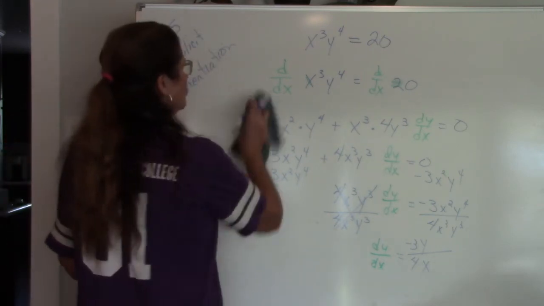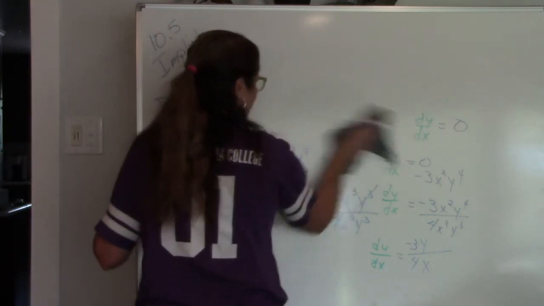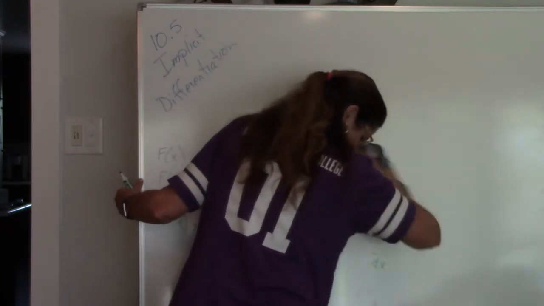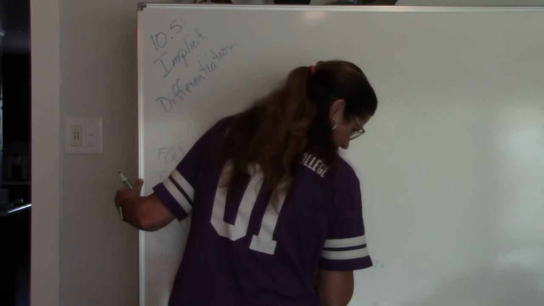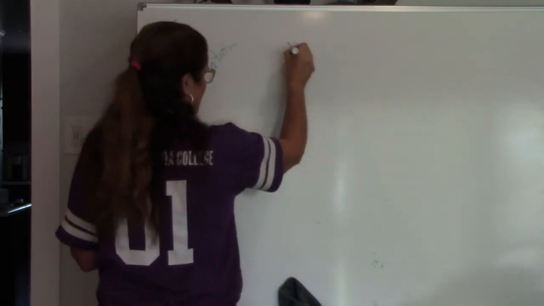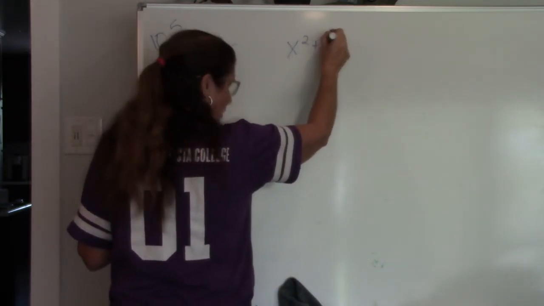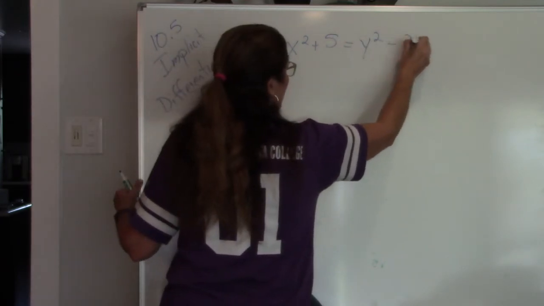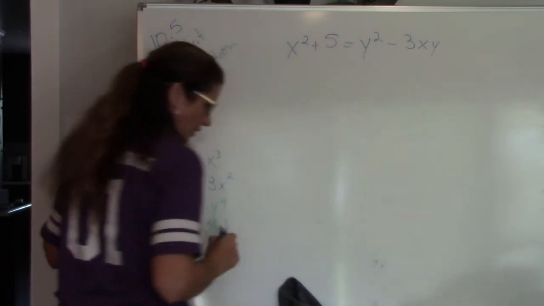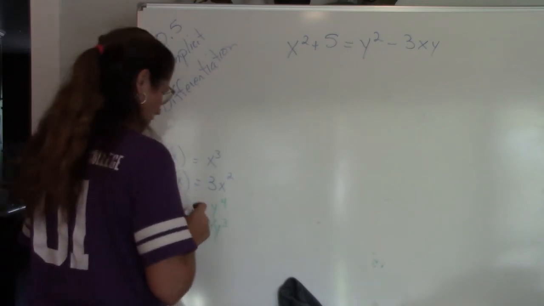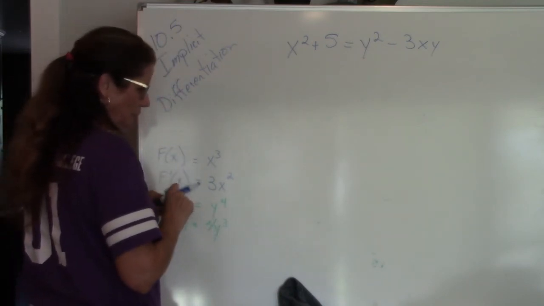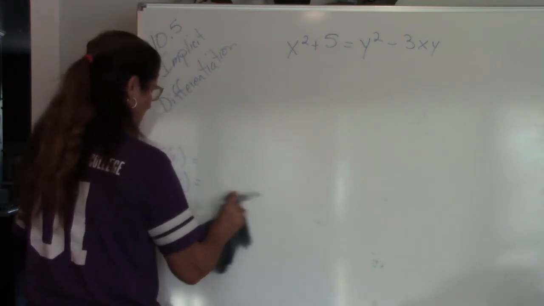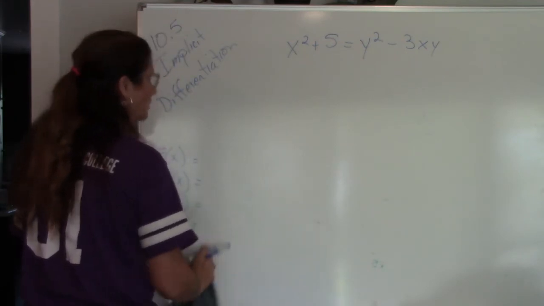Okay? Now I'm going to show you one more where you're going to have to factor. All right, so here we go. So we have x squared plus 5 equals y squared minus 3 times xy. Okay, so here we go. We're going to take the derivative of every term. Let me erase this. We might need it.